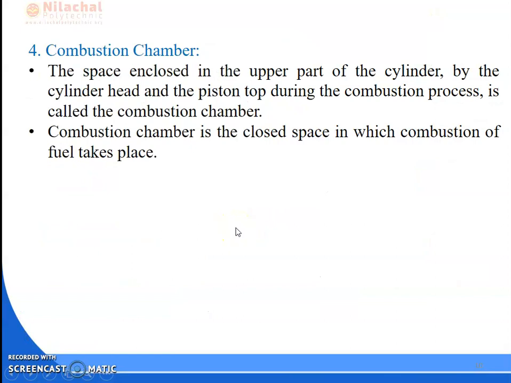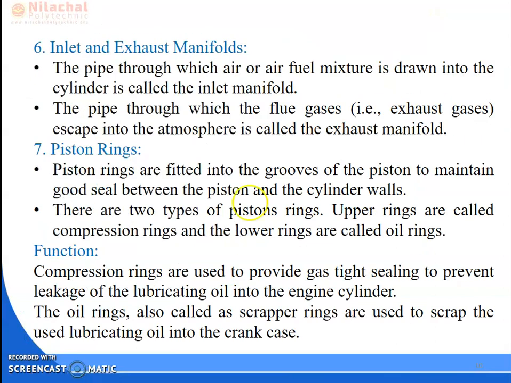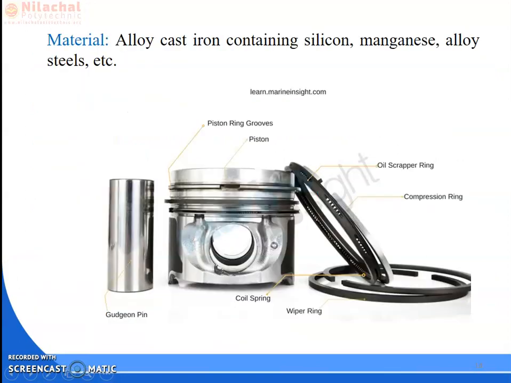Compression rings are used to provide gas-tight sealing and to prevent the leakage of lubricant oil into the engine cylinder. The oil ring, also called the scraper ring, is used to scrape the used lubricant oil back into the crank.